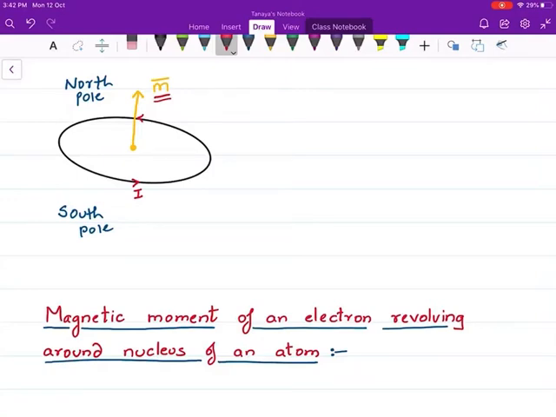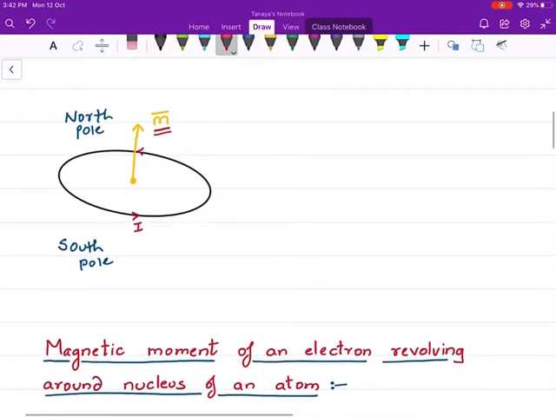So the reason for the magnetism in any particular object is the electrons which are spinning around the nucleus. They are revolving around the nucleus. Those electrons are spinning around themselves. So what are all these electrons? When they are revolving around the nucleus, I can say that they are forming current loops, is it not?